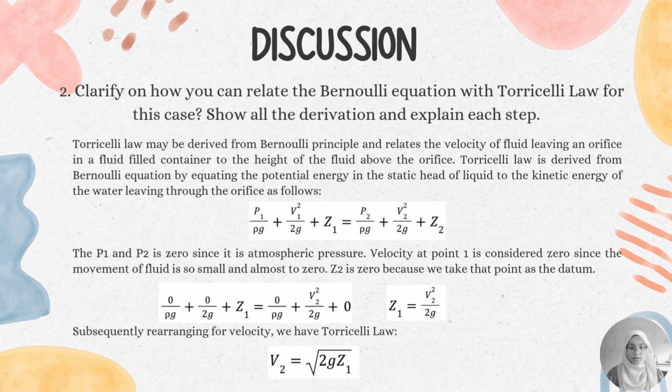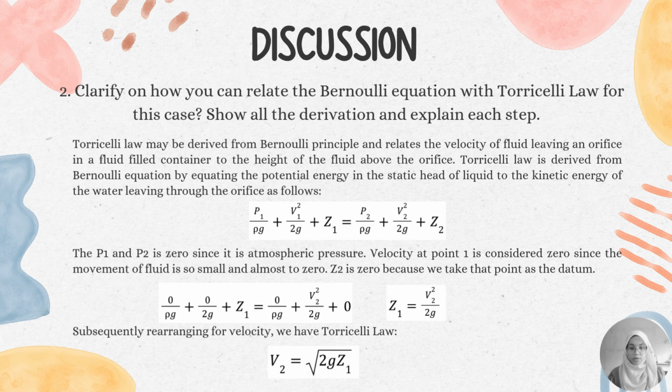Torricelli law is derived from Bernoulli equation by equating the potential energy in the static head of liquid to the kinetic energy of the water leaving through the orifice, as follows. P1 over rho g plus V1 squared over 2g plus Z1 equals P2 over rho g plus V2 squared over 2g plus Z2.